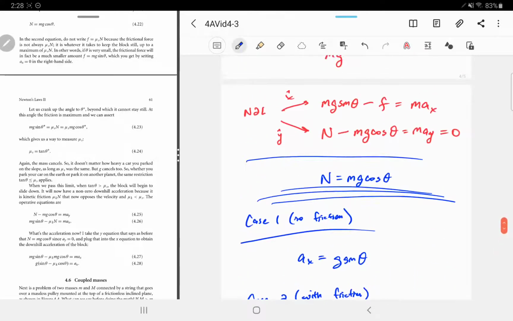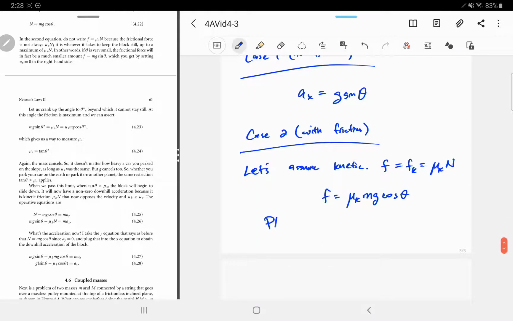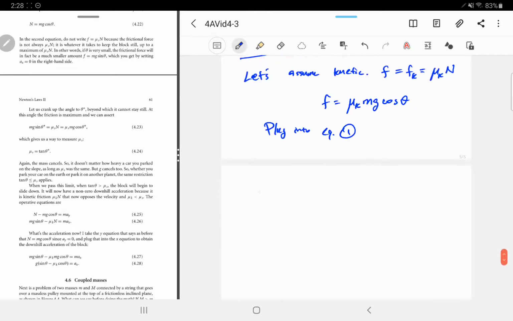Plugging it back into equation 1, we have mg sine theta minus the frictional force, which is mu sub k mg cosine theta, is equal to m a_x.